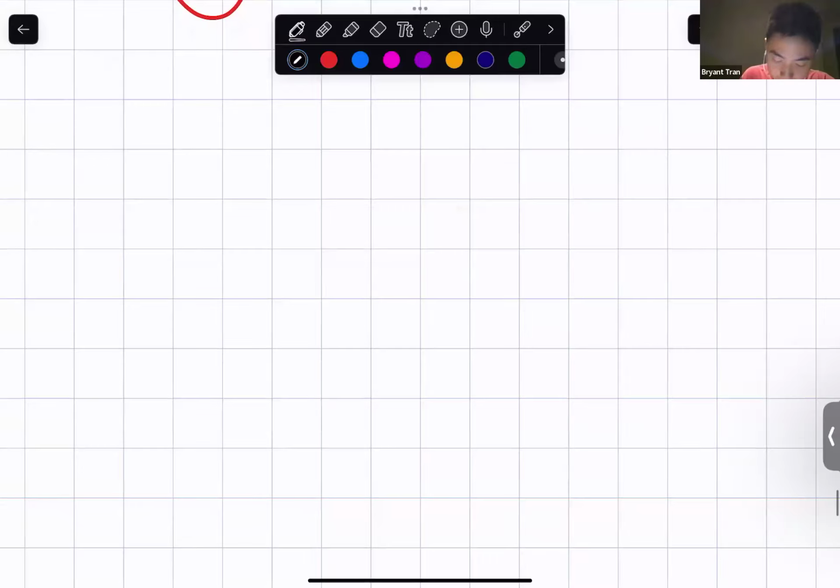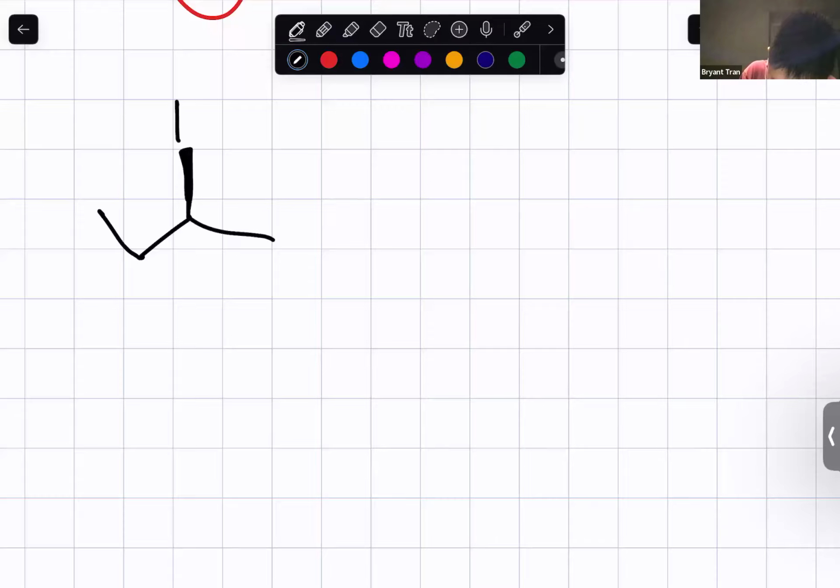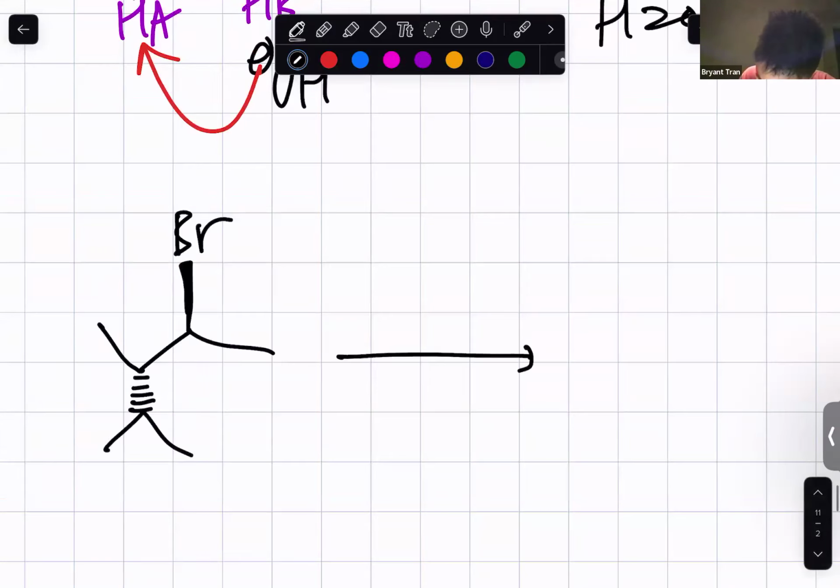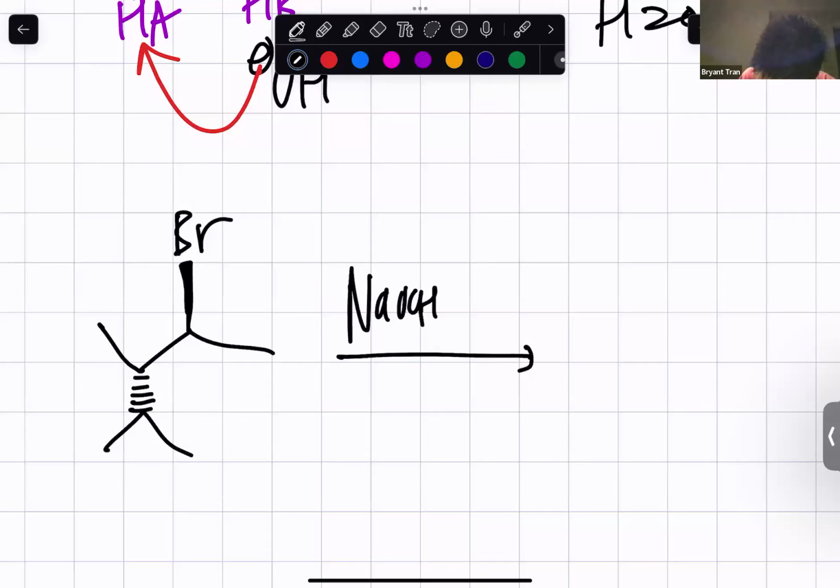Let's talk about the anti-periplanar transition state now. So if I give you, let's say, something like this right here, and I give you a strong base, strong nucleophile like NaOCH2CH3, right?